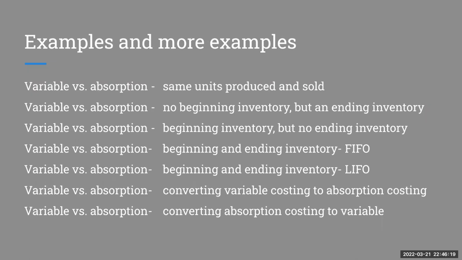We're going to be doing a lot of examples. We're going to do variable versus absorption with the same units produced and sold, no beginning inventory but an ending inventory, beginning inventory but no ending inventory, beginning and ending inventory under FIFO, which is first in, first out, beginning and ending inventory under LIFO, which is last in, first out, converting variable costing to absorption costing, and converting absorption to variable costing.